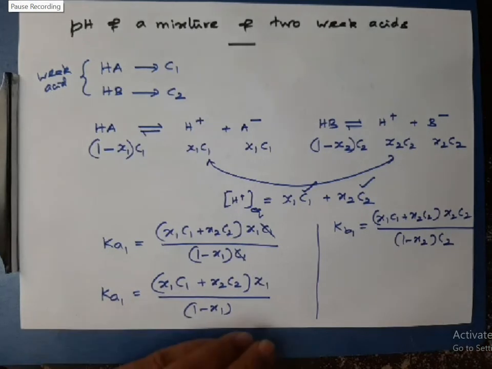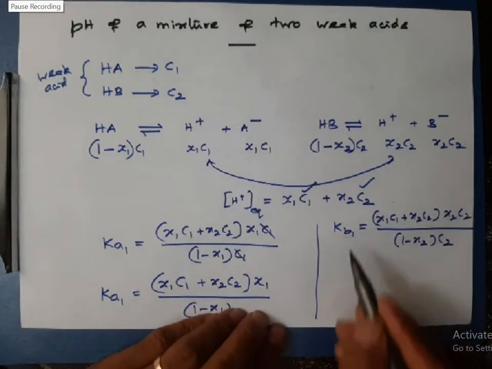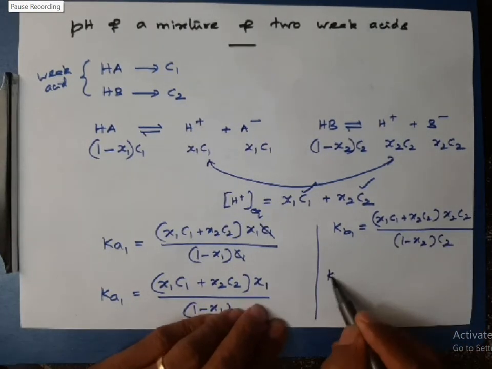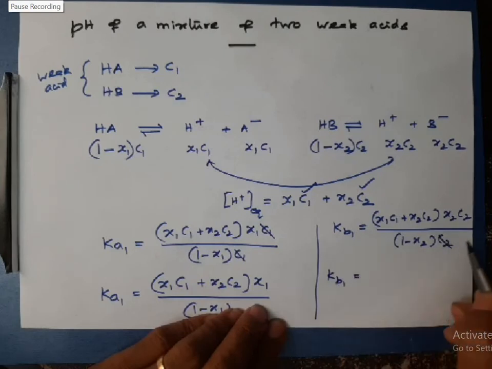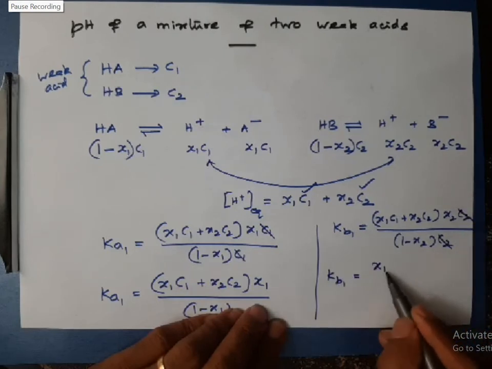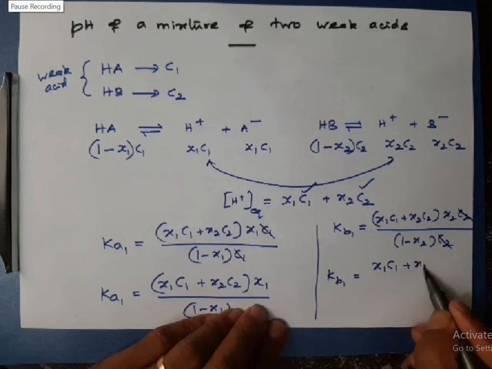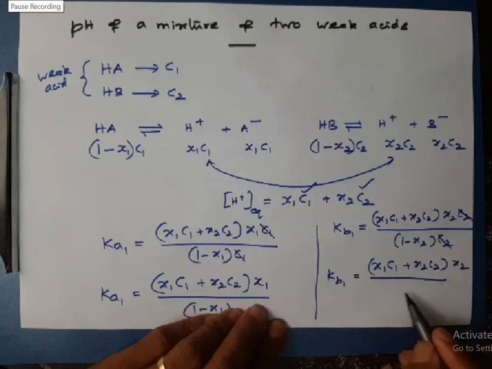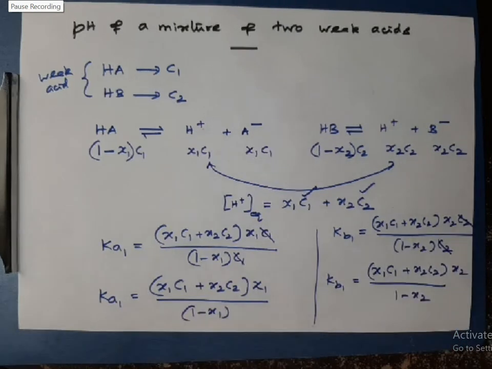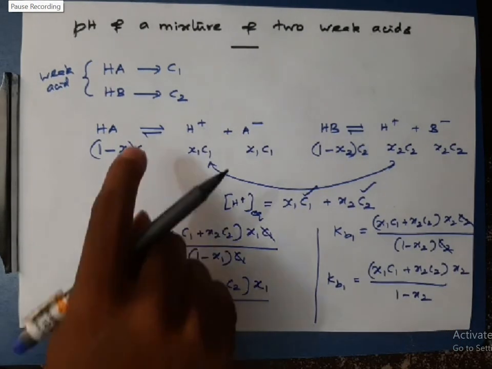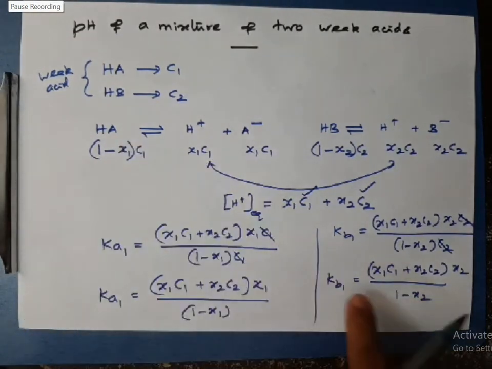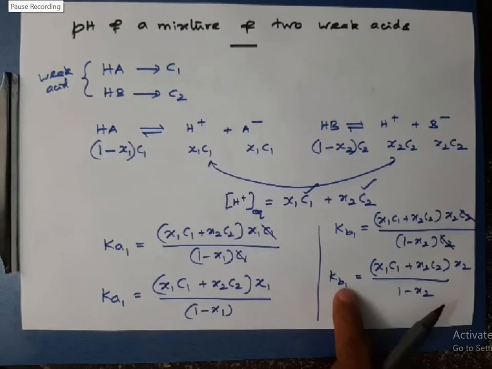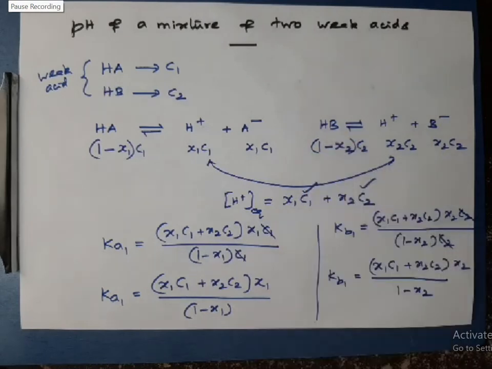The C2 cancels, so I can write this as (x1 C1 plus x2 C2) into x2, whole divided by (1 minus x2). So this is the dissociation constant for the weak acid HA, and Kb1 is the dissociation constant for the weak acid HB.